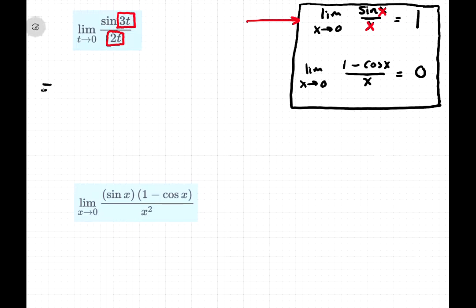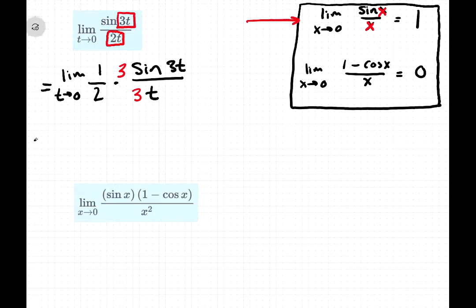So the limit, as in this case t goes to 0. Well, let's bring that 2 out front, so we have sine of 3t over t. Okay, so now what we can do is multiply a 3 on the top and a 3 on the bottom.